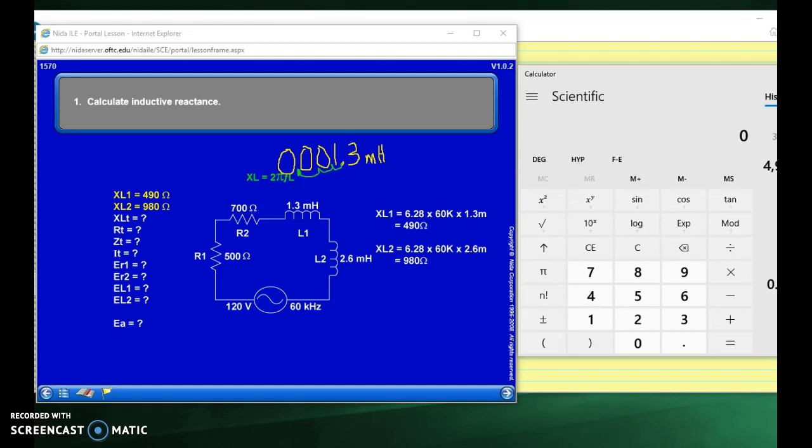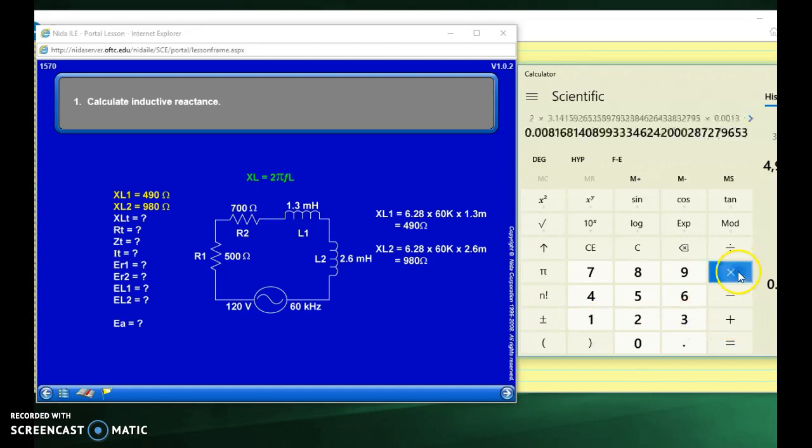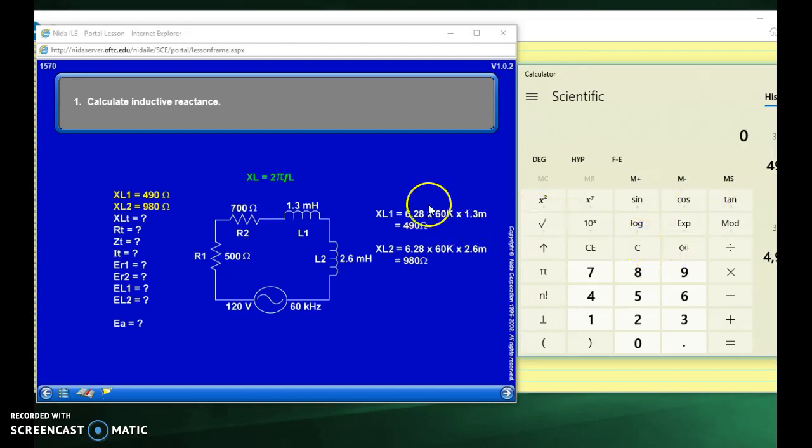So let's go back and actually do this with the correct values now, and we'll come out with the same answer they did. So if I say 2 times pi times 0.0013 times 60,000 equals 490. I did it with just the millis and the k's, which cancel, and they got the same answer. So let's do the other one. We'll do it in units as well.